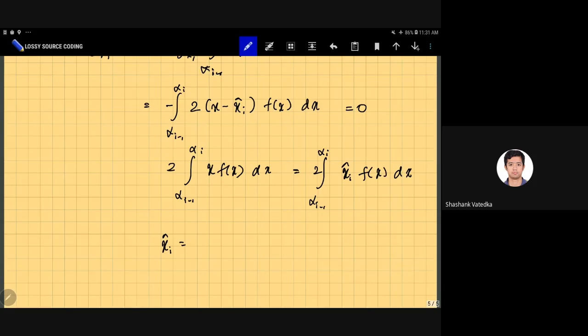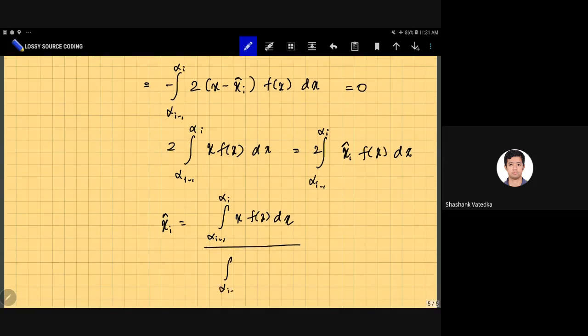Right, so it's the integral from alpha i minus 1 to alpha i of x f of x dx divided by the integral from alpha i minus 1 to alpha i of f of x dx, right?